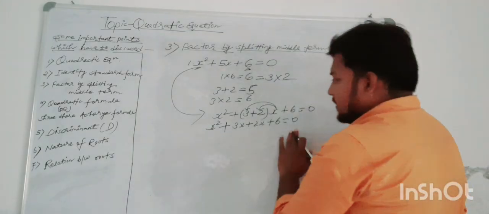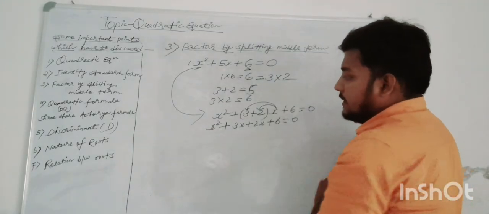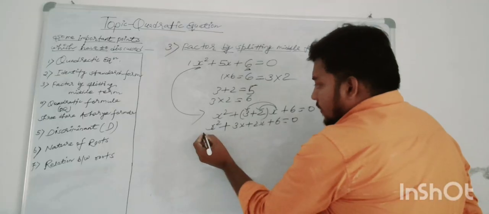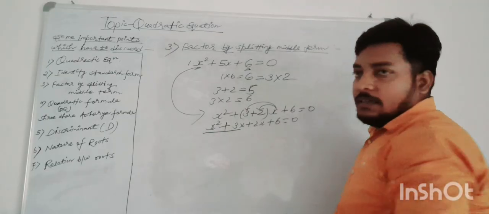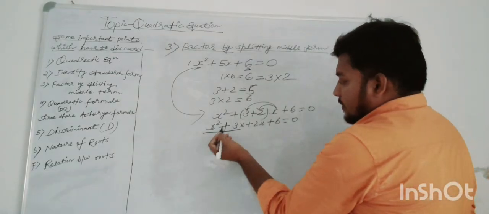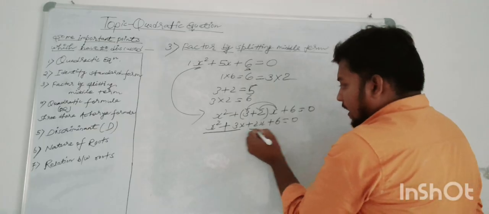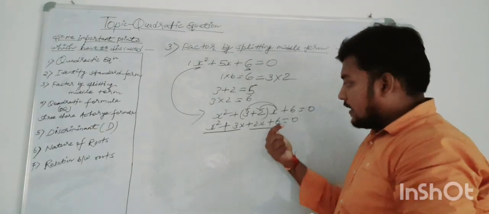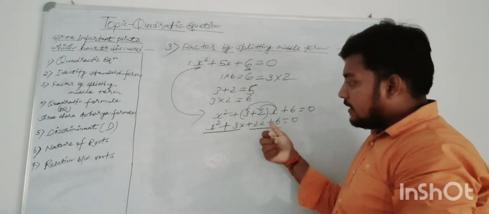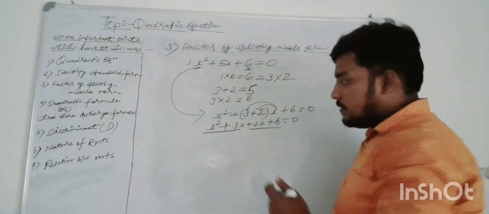Here 4 terms are mentioned, so we take common from the first two terms, and again we take common from the last two terms.